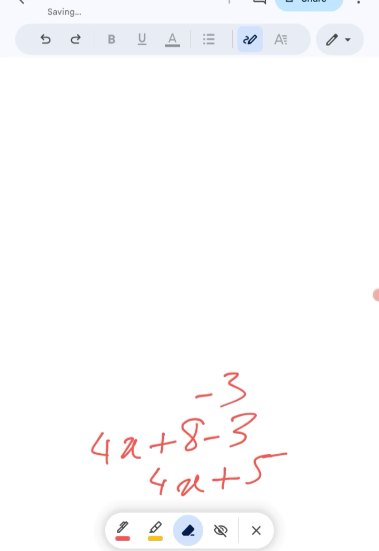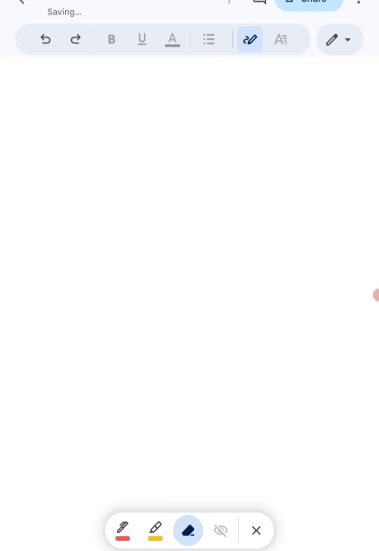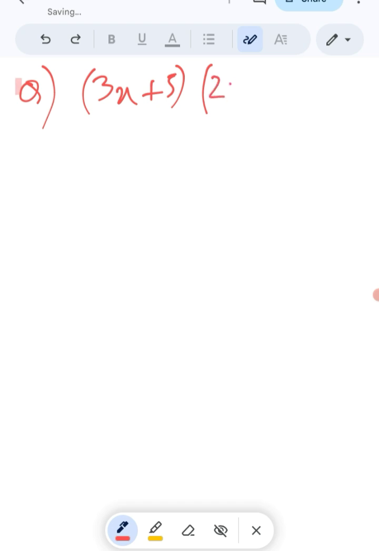Let's solve more questions related to it. Let's say you are having a question which says 3x plus 5 multiplied by 2x minus 4. Okay, so let's do it like this.